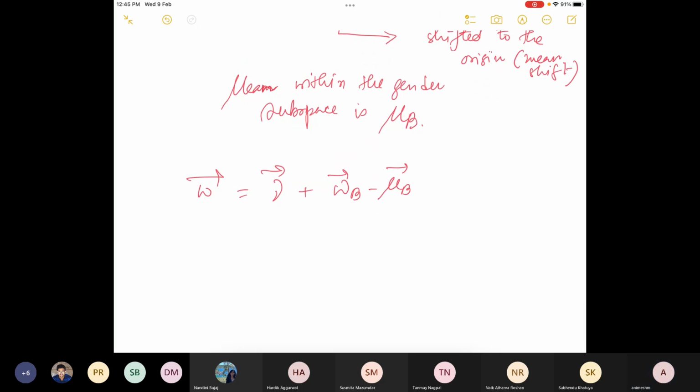But whenever I am constructing this new W, I also want my original properties of W to hold. So what was my original property of W?